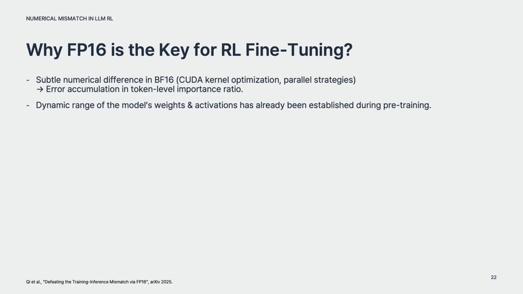Second, since LLMs are typically pre-trained using BF16, their weights and activations already lie within a stable dynamic range, making the wider exponent range of BF16 less critical during fine-tuning.